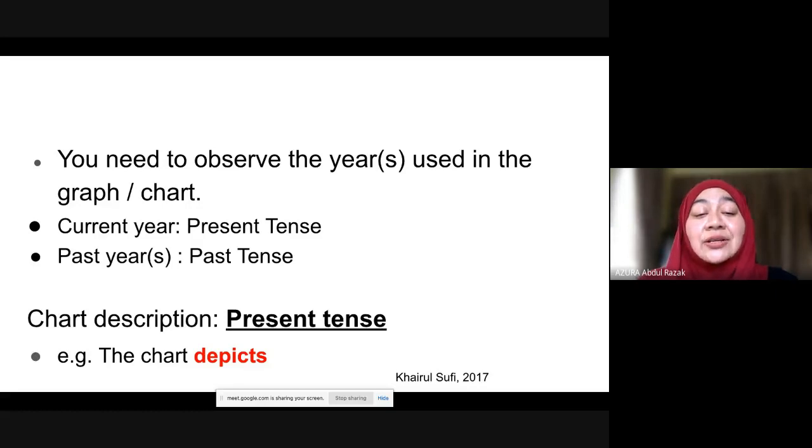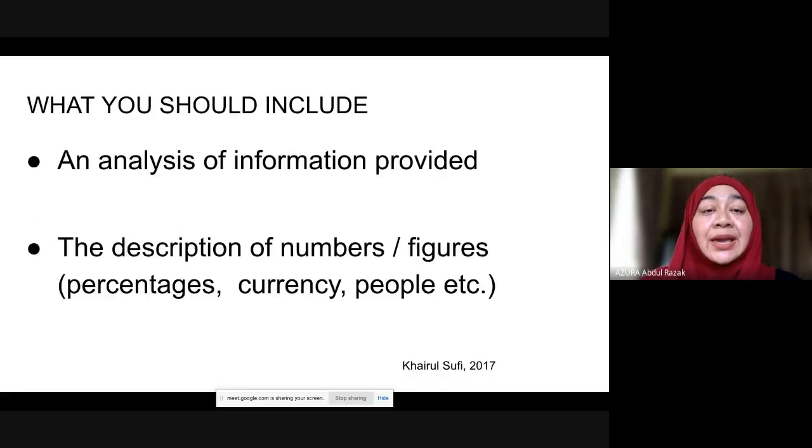Now look at this chart description, present tense. The chart depicts. Usually in the introduction, you start with the present tense. The chart depicts, because when you're reading it, you're describing it as you're reading it, so you can put the present tense there. After that, you have to have an analysis of information provided, and also you need to have a description of numbers, figures, percentage, currency, people, etc. You have to add all these in.